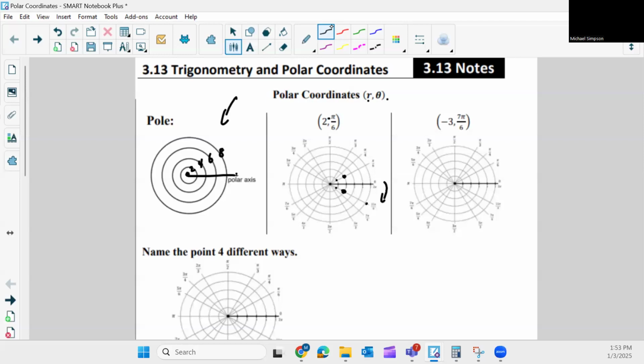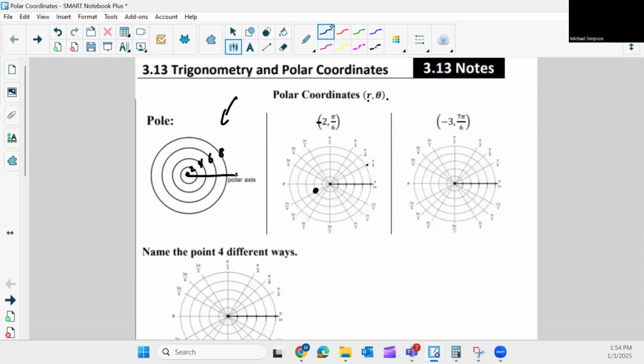What happens when the r value is negative? Suppose this was a negative 2. All we do is find our angle, pi/6, but this time, instead of counting to the right, I'm going to count in the opposite direction. So it's going to be 1, 2. That's my point right here.